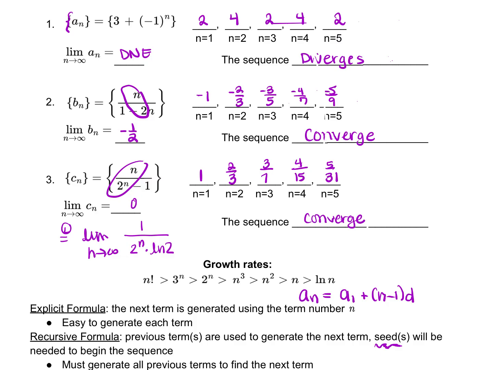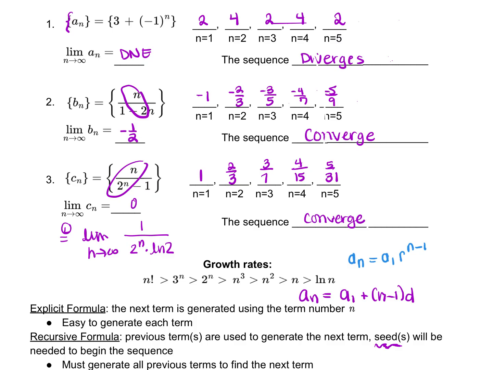So on an explicit formula, this sequence is generated by using the term number. We've seen that before. You've had the arithmetic series before. You've also had geometric series where it looks like a n is equal to a 1 r to the n minus 1.